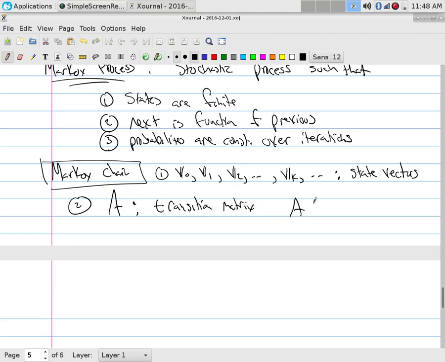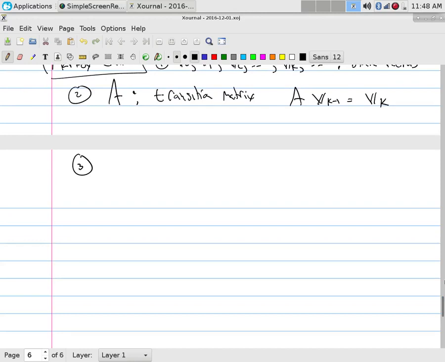And we're taking A times some sort of older vector becomes the next vector. So A does the state movings. Three, how does this become a stochastic and a Markov process?